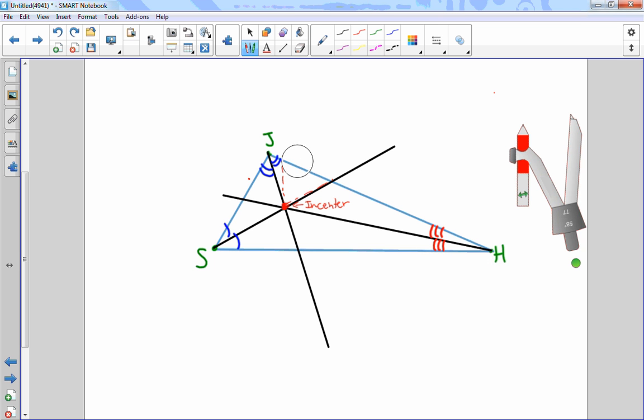So, let me erase this carefully. And what I'm doing is dropping altitudes, perpendicular, from the in-center. Okay? The SH, that one will look pretty much straight down.